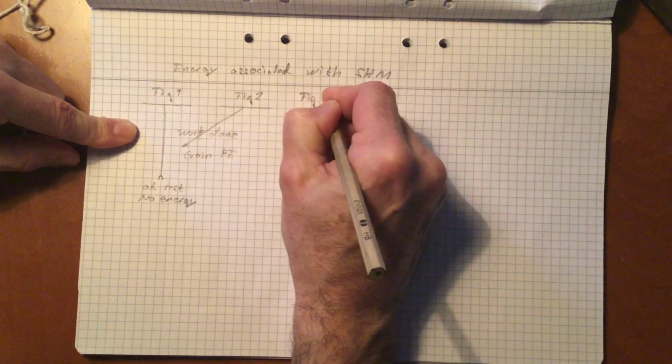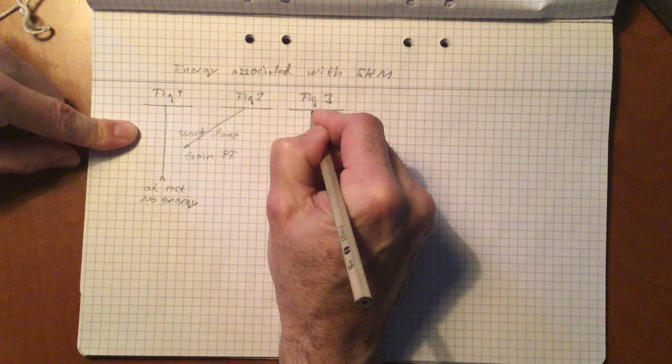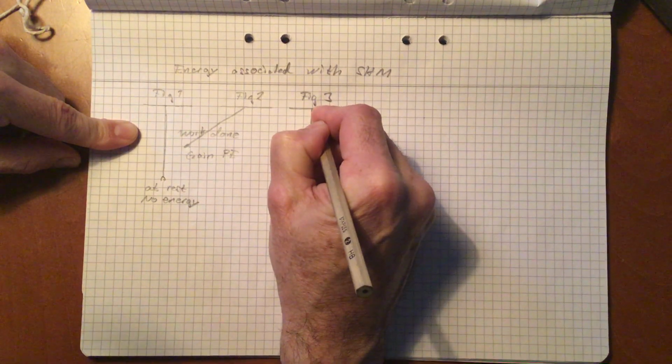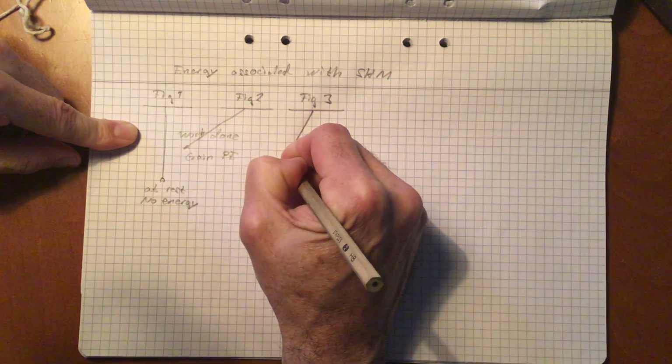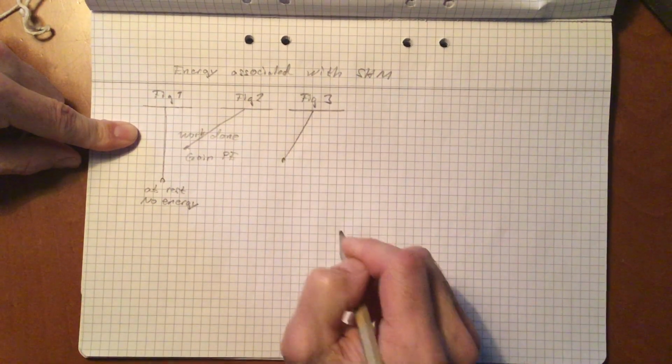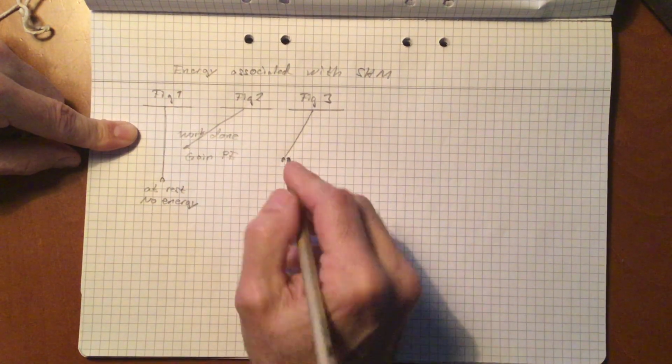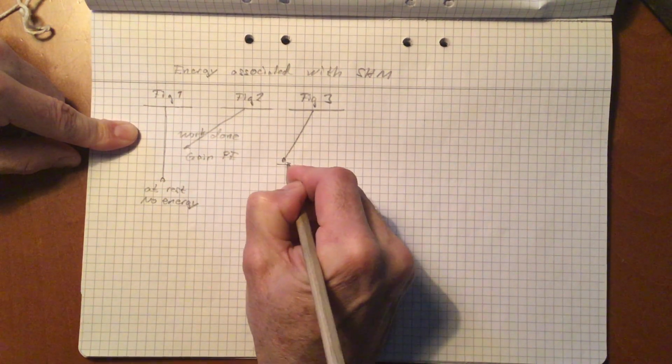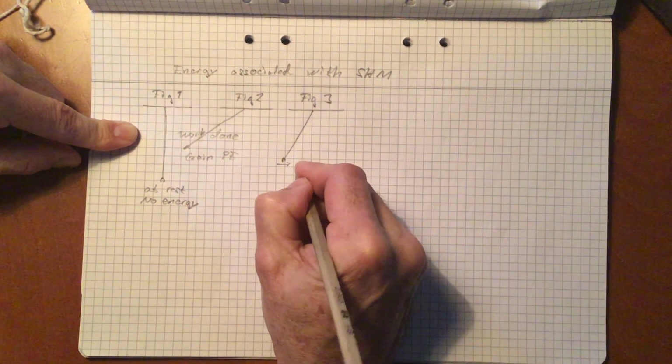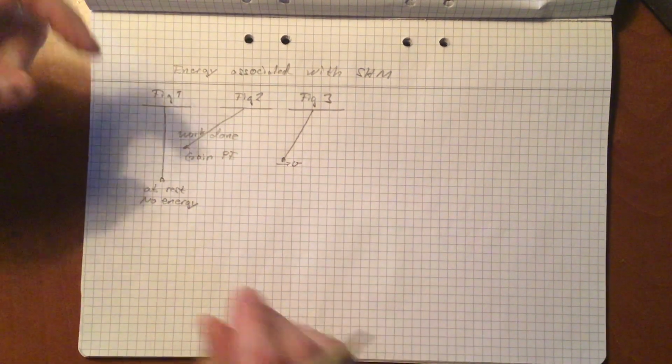So let's look at figure 3. Then it has fallen a bit, something like this, maybe. So it has some velocity now, or some speed in the x direction, like this.